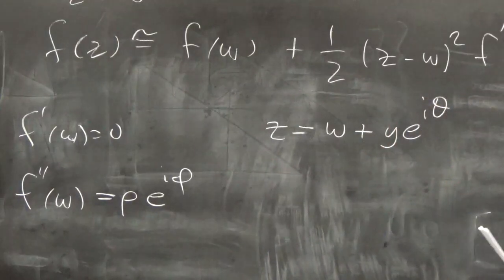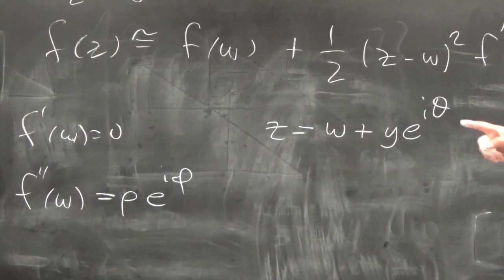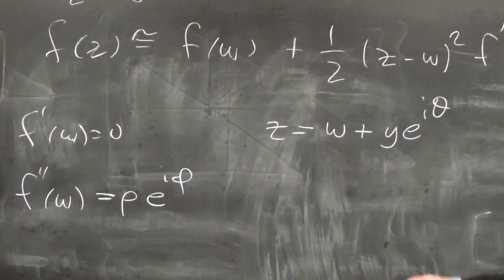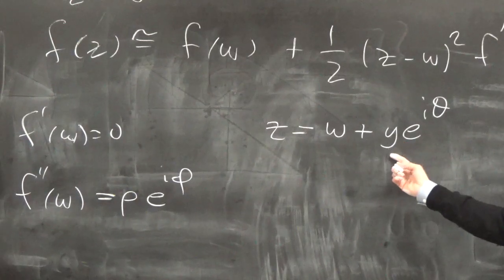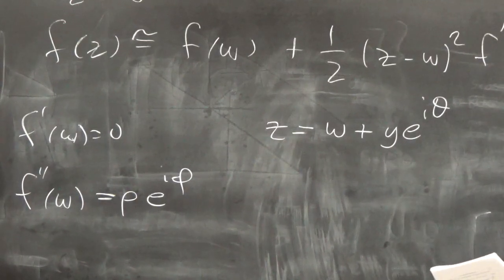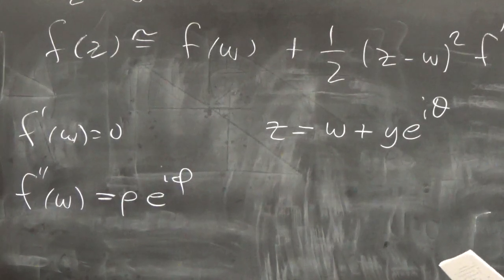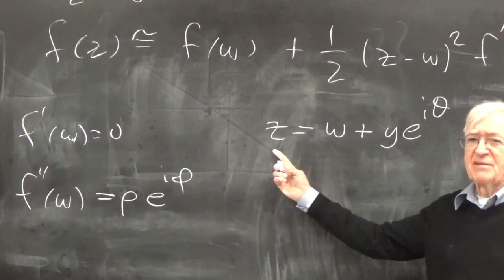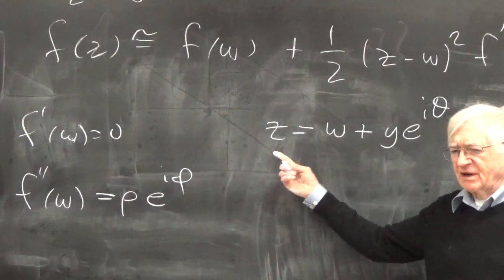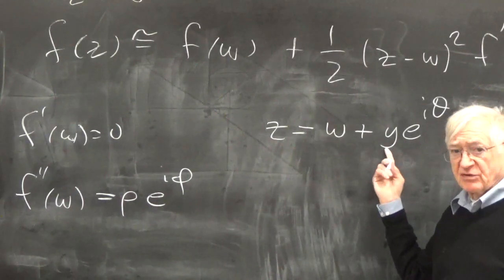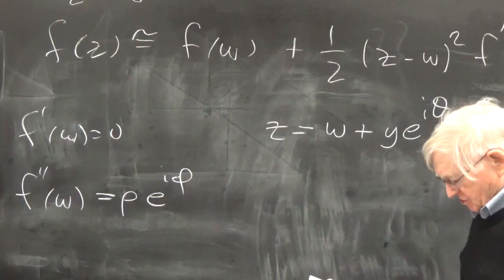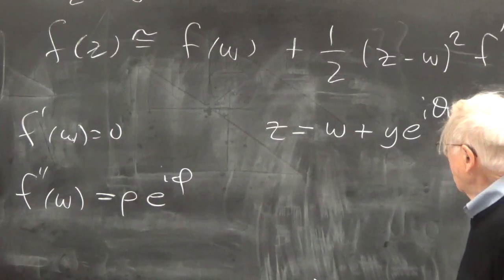I don't know why I chose Y, but I used X over there. I think Y is not the greatest choice, actually, because Y suggests the imaginary part of Z, but it's not really the imaginary part of Z. It's just a real variable. So I ought to change that notation.